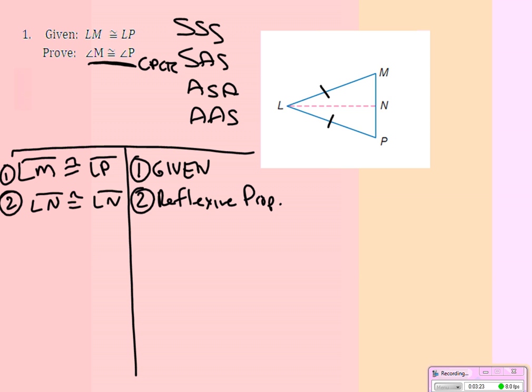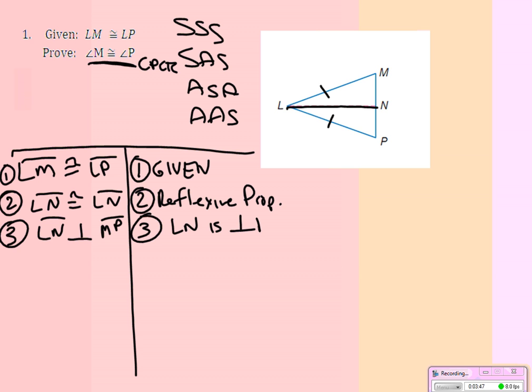So now, here's what I'm going to look at. Not only is LN part of both triangles, so here's what I'm going to say. LN is perpendicular to MP, and I know that because LN is what's called a perpendicular bisector.